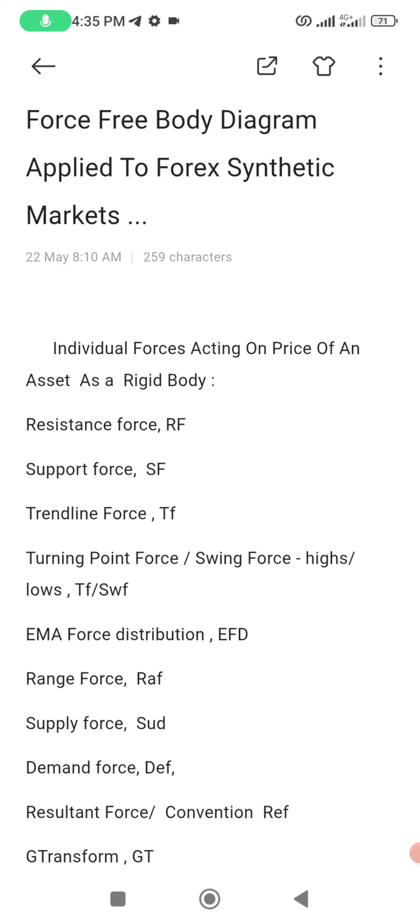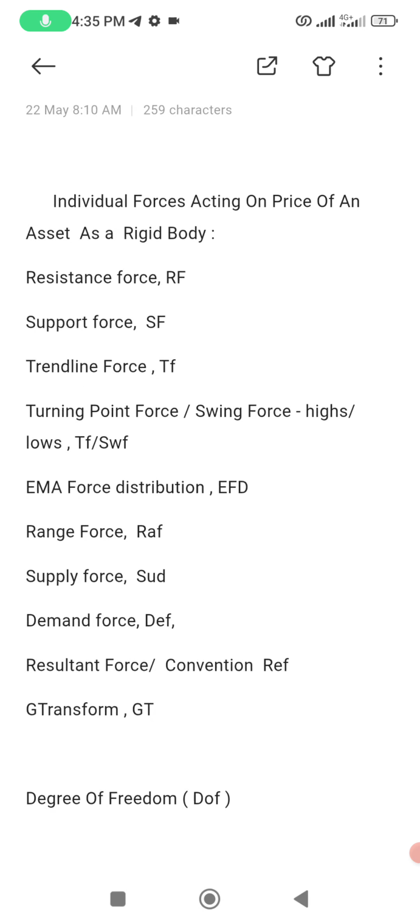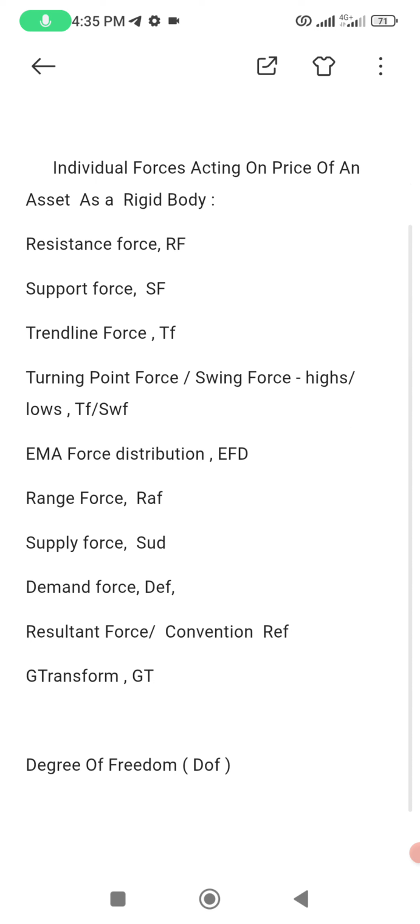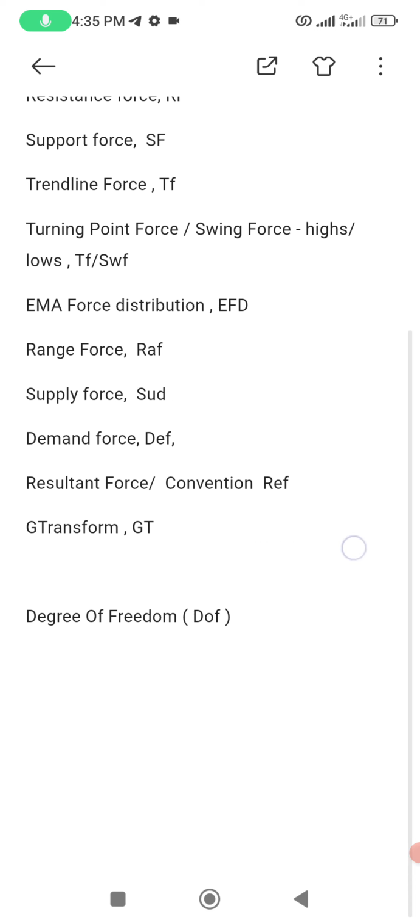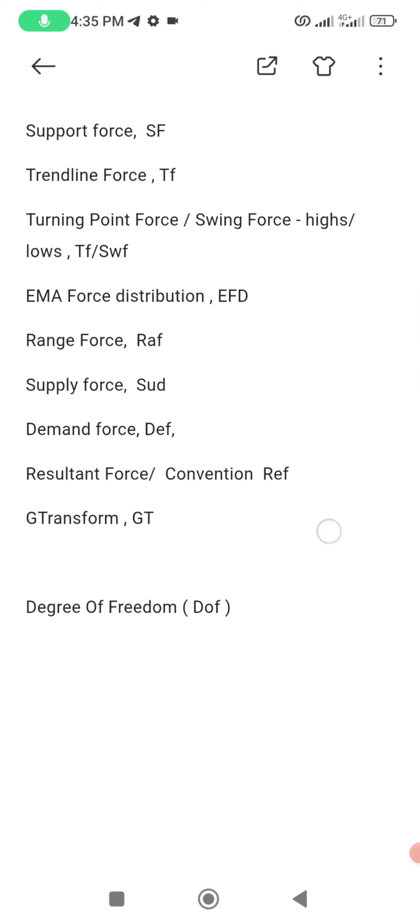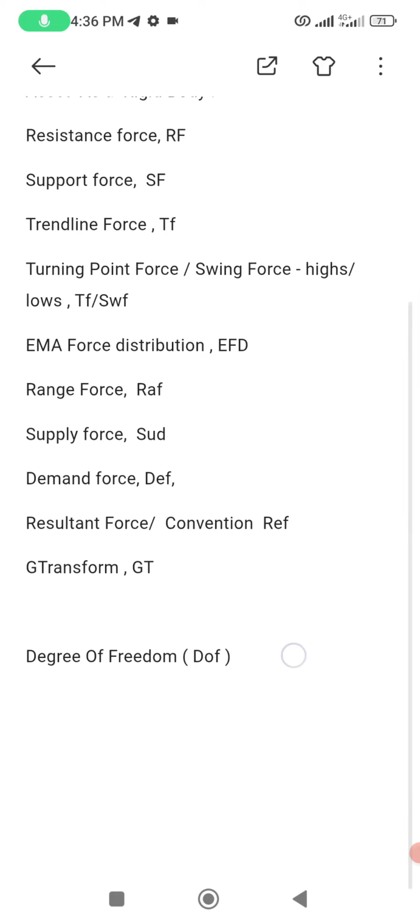Here, we shall be using our asset as a rigid body: resistance force RF, support force SF, trendline force TF, turning point force, swing force highs and lows, EMA force distribution EFDs, range force RAF, supply force SF, demand force DF, resultant force, convention reference, GTransform or GT, that is geometrical transformation, and degree of freedom. We shall be deploying all this terminology to make this topic a reality.